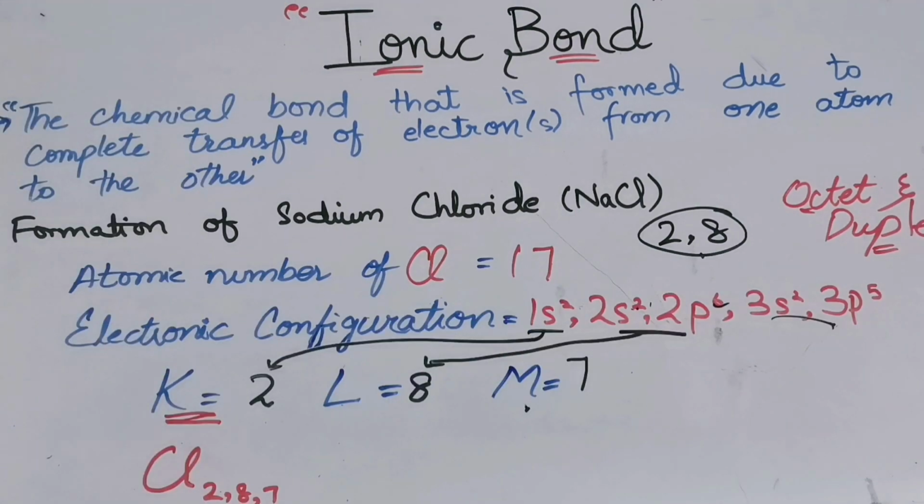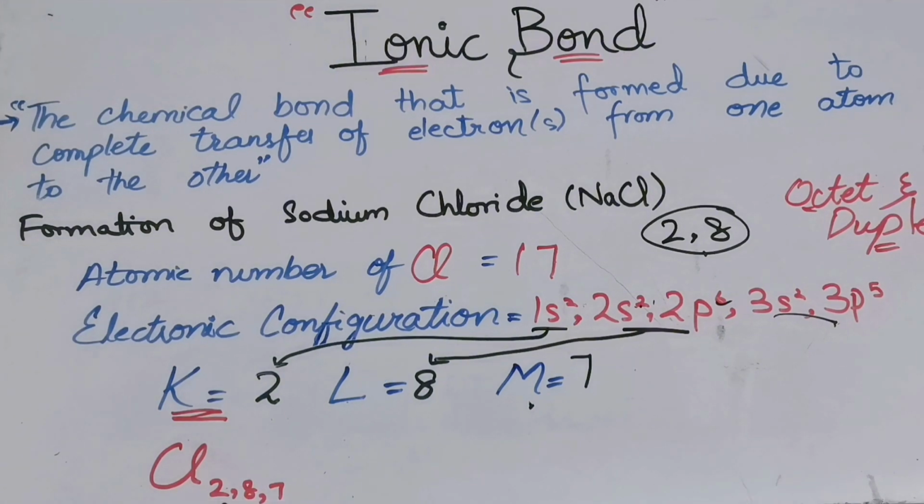In order to attain the noble gas electronic configuration, an atom should have 8 electrons according to the octet rule, or 2 electrons according to the duplet rule. The duplet rule only applies to hydrogen, lithium, and helium. For others we apply the octet rule. So in this case, see over here, this chlorine has 7 electrons in its outermost shell.